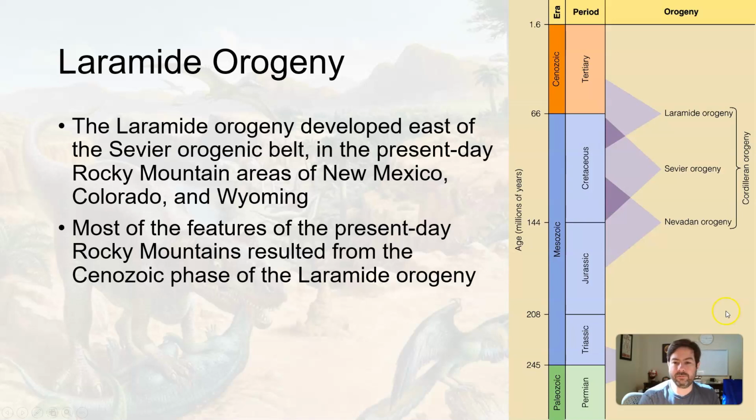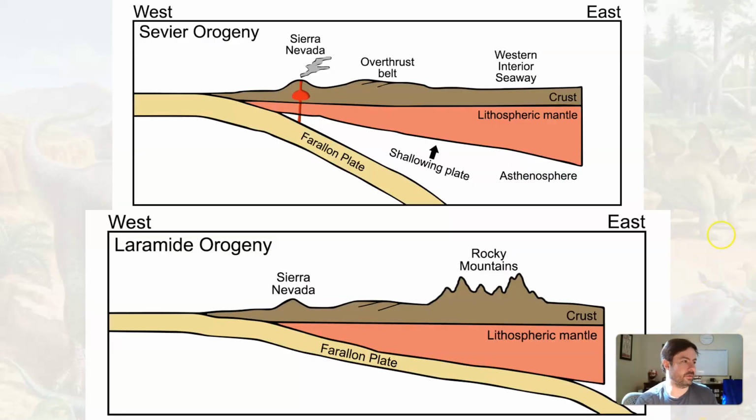So let me give you a little visual of the change in the Farallon plate and how that changed the Cordilleran area and the geology therein. So initially we had the Farallon plate kind of dipping down here, right?